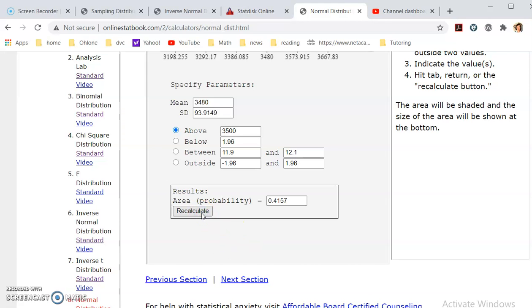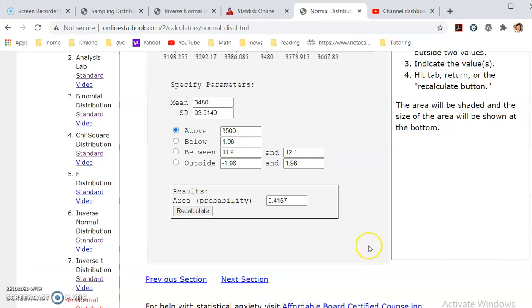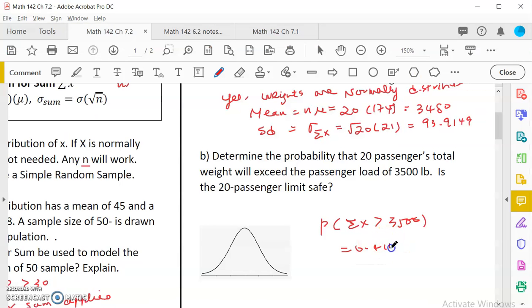The probability of x greater than 3,500 is 0.4157. It's not unlikely, so it will happen. It's almost a 41% chance.